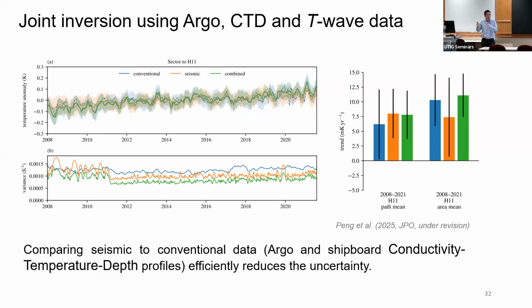The question is, in the final results, will we just get some result between these two data sets, or will we get a warming trend higher than either of these data sets? Maybe we would get a warming trend higher than either of them. Yeah, I didn't think about that in depth.